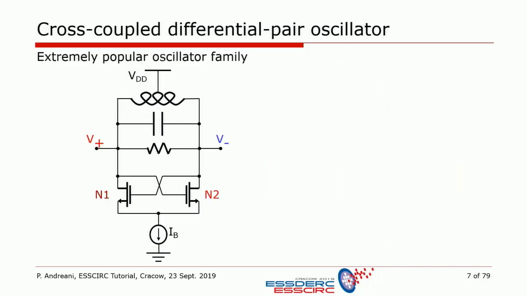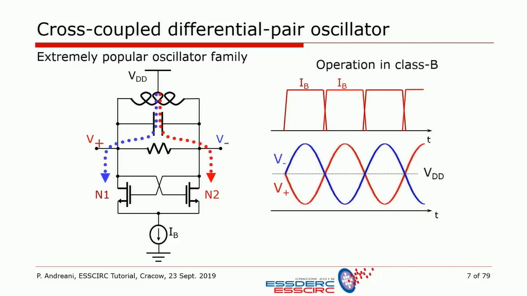So the real star of the implemented VCOs is this oscillator. Unfortunately it really lacks a nice name like Colpitts, Hartley, Clapp. It's referred to in different ways, like cross-coupled differential-pair oscillator, and this is definitely the most popular integrated oscillator family.